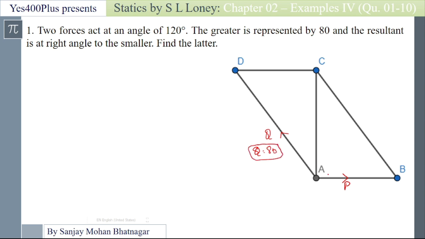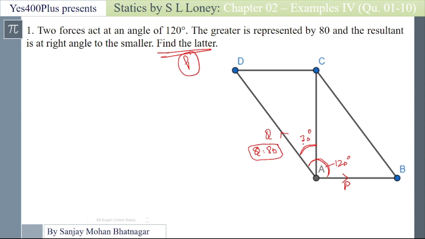Okay. And this angle is obviously given to be 120 degree, correct? And resultant is right angle to the smaller, so this angle is obviously 30 degree. Okay, find the force P.